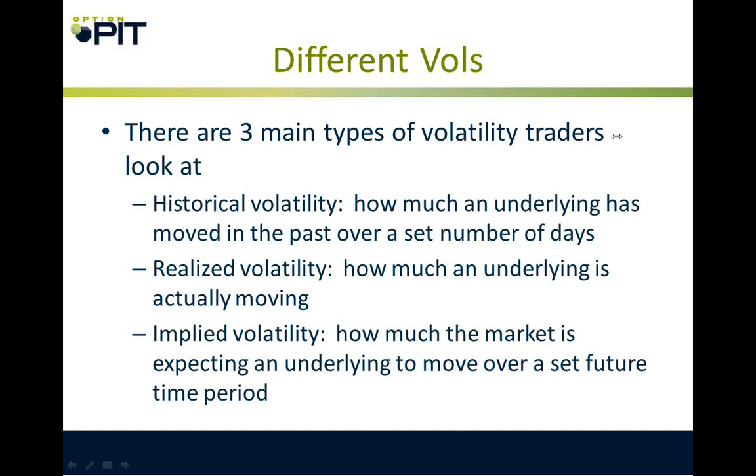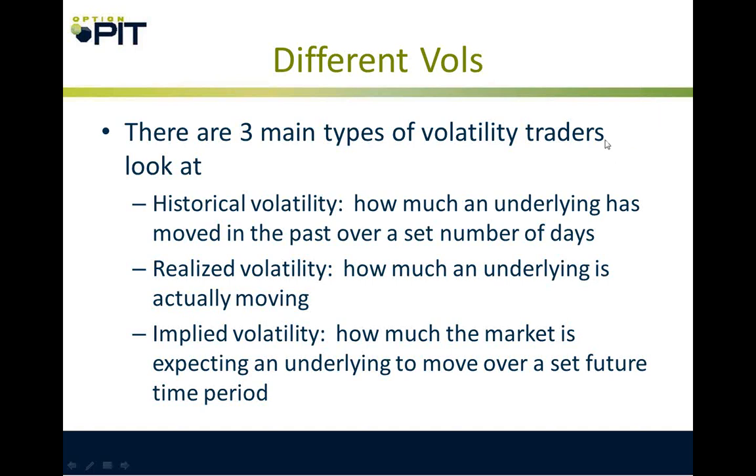Then finally, we have implied volatility. Implied volatility is how much the market is expecting an underlying to move over a set future period of time. So when we look at implied volatility of an option, that is the market's best guess at how much the underlying is going to move.